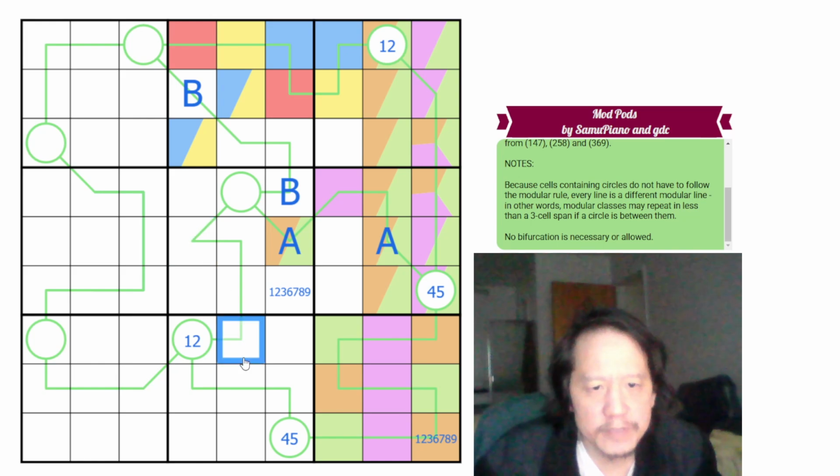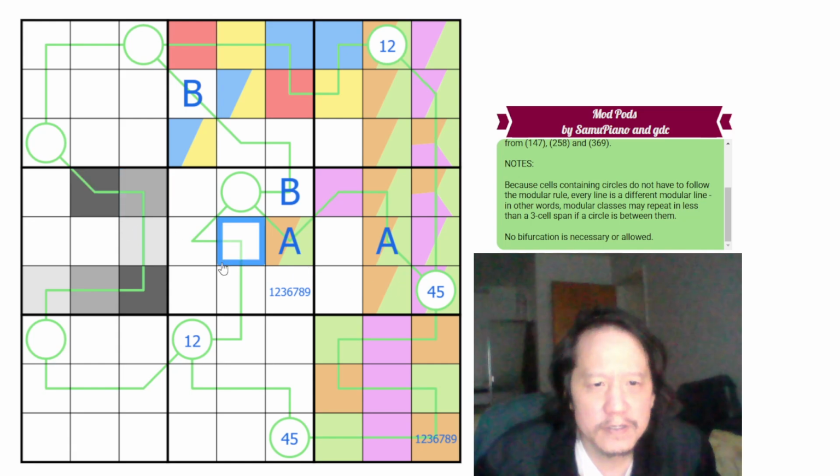This has to be the same set as this one. Let's make this one the light, medium, and dark. So this is light, this is medium, and this is dark.